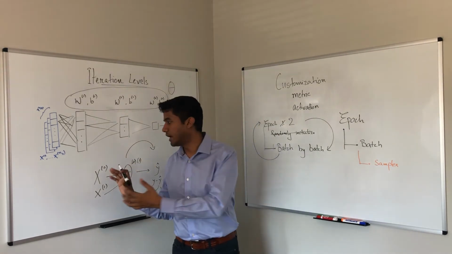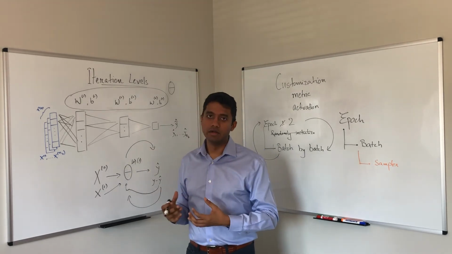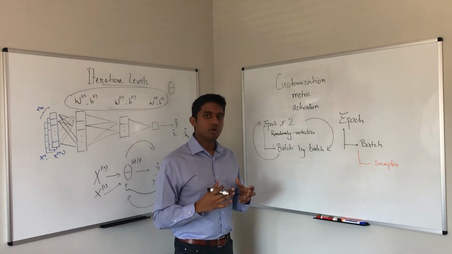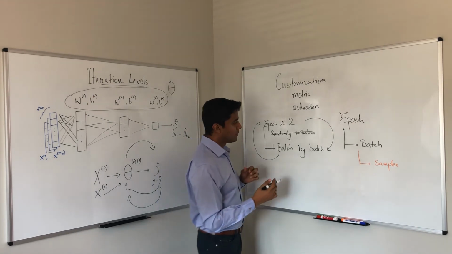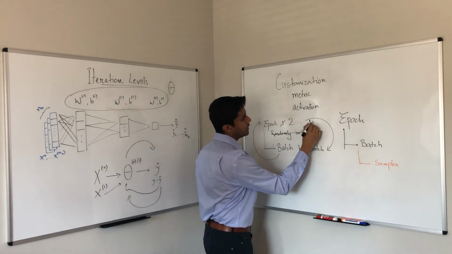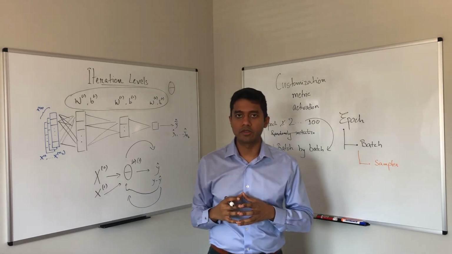Again, I randomly take batches, go iteratively, and relearn the model. What happens at the end? Suppose I had set the number of epochs as 100.